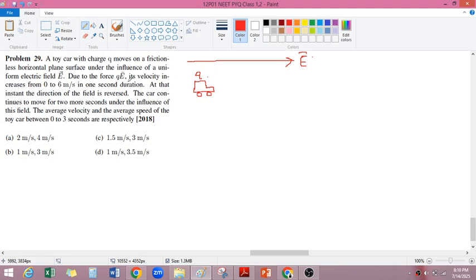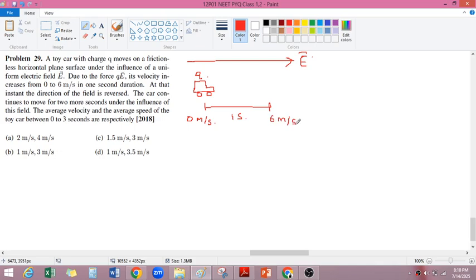Due to the force QE, its velocity increases from 0 to 6 meters per second in 1 second duration. Here it's 0 meters per second, here it is 6 meters per second.